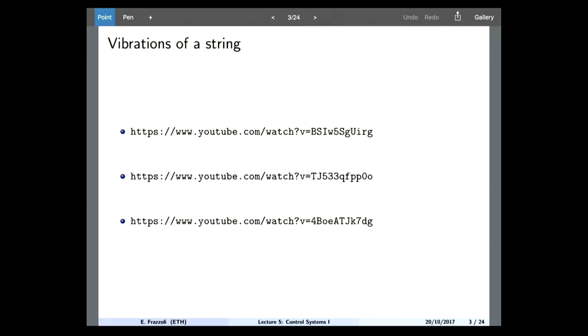Once you pluck the string, you hear the sound, so you hear the note. Does that note stay on forever? No, it decays over time. The frequency remains the same, so the note remains the same. However, the volume, the loudness of that particular sound, decays over time. How quickly does it decay?